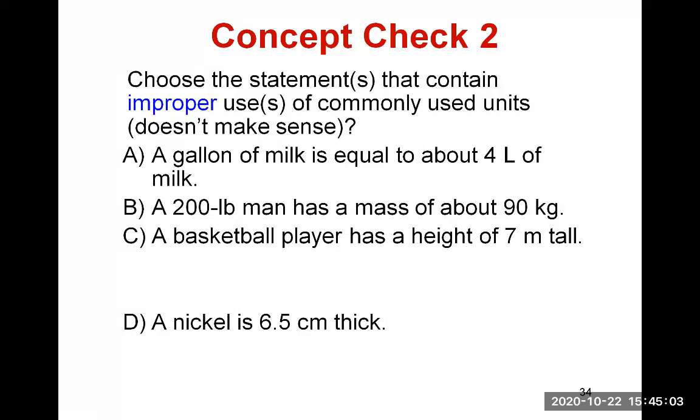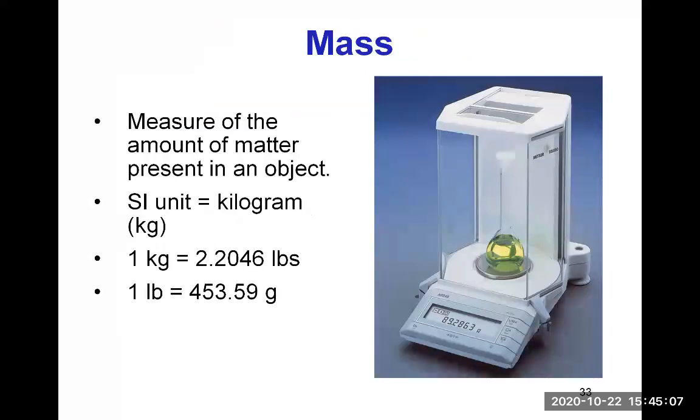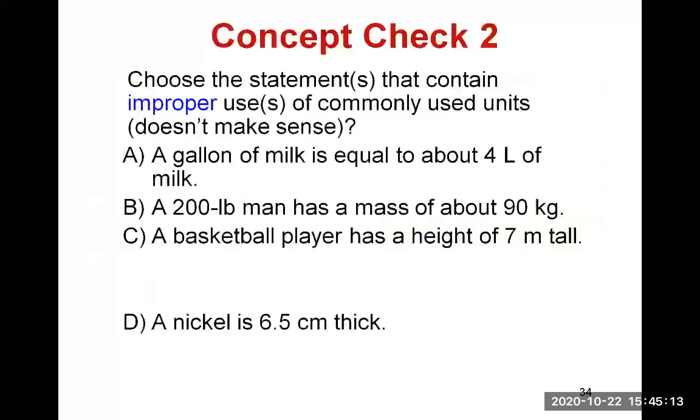Does this sound reasonable? Well, we just saw in the previous slide that 1 kilogram is about 2.2 pounds. Let's round it to 2. So 90 kilograms multiplied by 2 is 180 pounds. So yes, a man of that size having a mass of about 90 kilograms is reasonable.